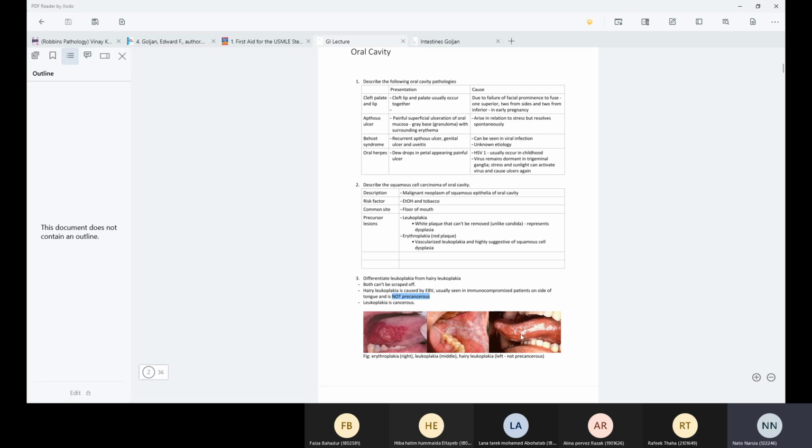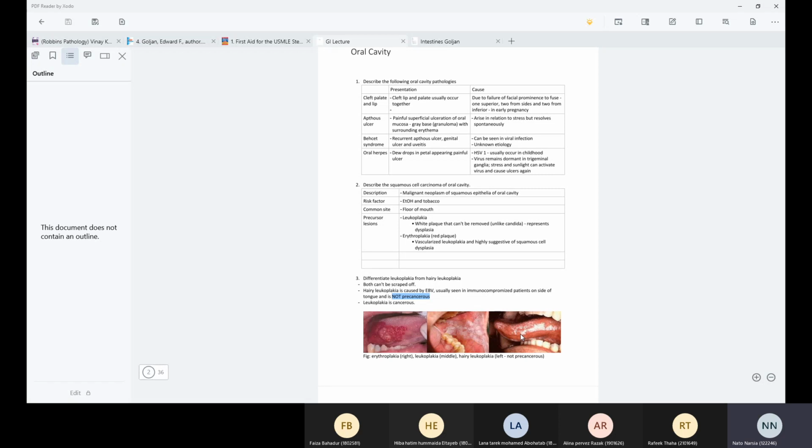Location helps. If you find these plaques on the lateral side of the tongue, that most likely will be hairy leukoplakia, and you can easily scrape it away. And the cause is different. If dysplasia is caused by HPV, hairy leukoplakia is caused by EBV. And it is usually not precancerous.